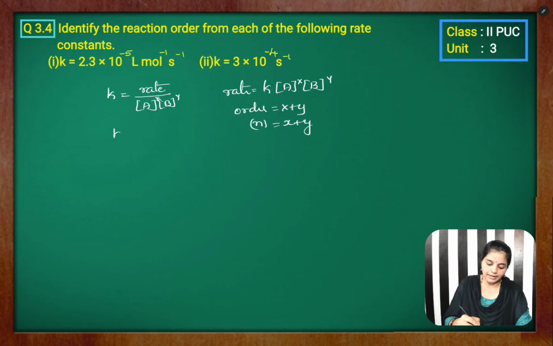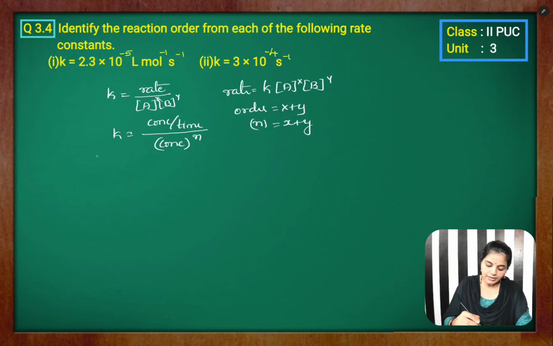So here I can write K is equal to rate, which is nothing but concentration divided by time, and the unit of concentration we have in the denominator is raised to N, because it is the order of the reaction.